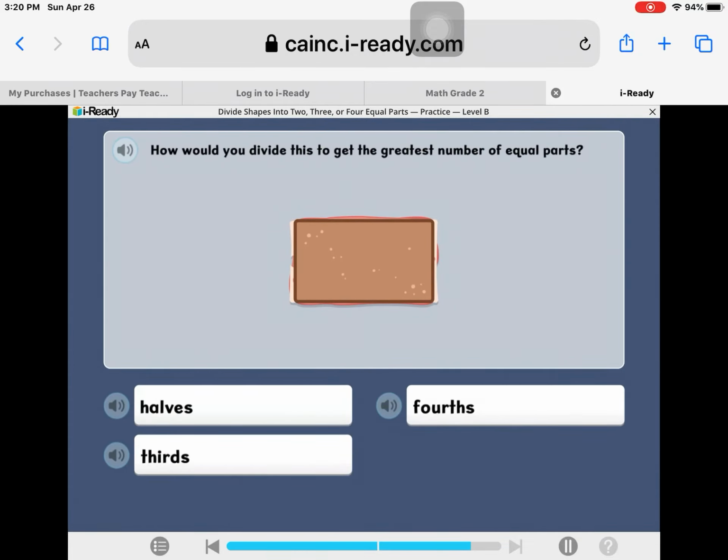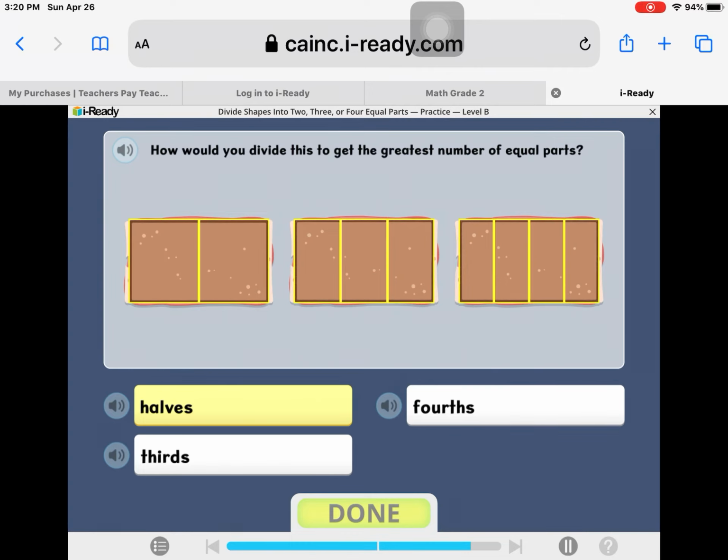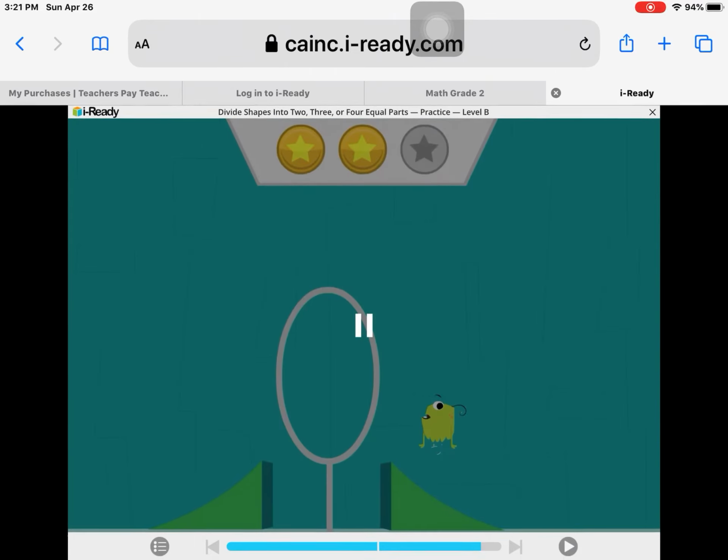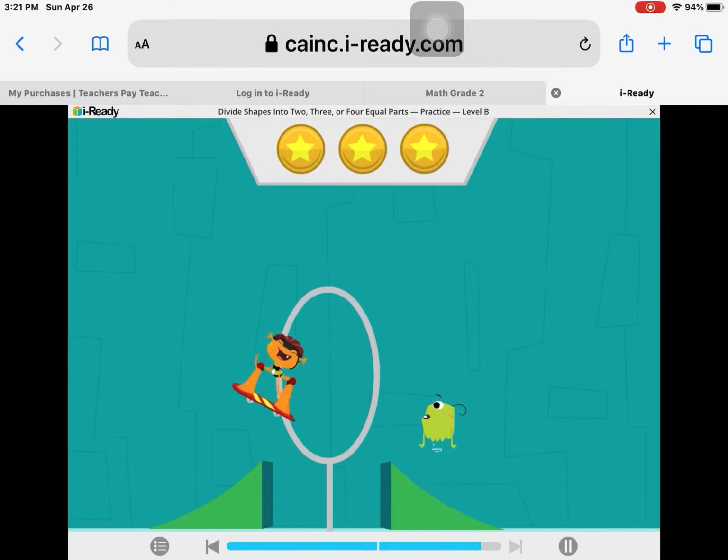How would you divide this to get the greatest number of equal parts? Count the number of equal parts. Try again. Awesome! Divide the sandwich into fourths to get the greatest number of equal parts. Super duper ridiculously awesome!